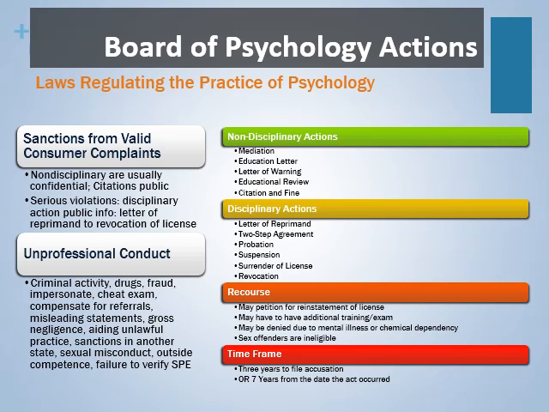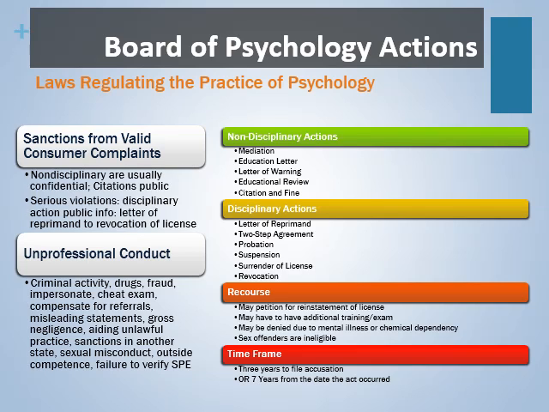Start thinking about the range for non-disciplinary, not for disciplinary. These are used for less serious violations like false advertising, and the fine can be from $100 to $2,500 per violation. But it's not considered disciplinary, and when it comes to disciplinary, you're getting outside of the realm of citation and fine. You're getting into more serious matters.